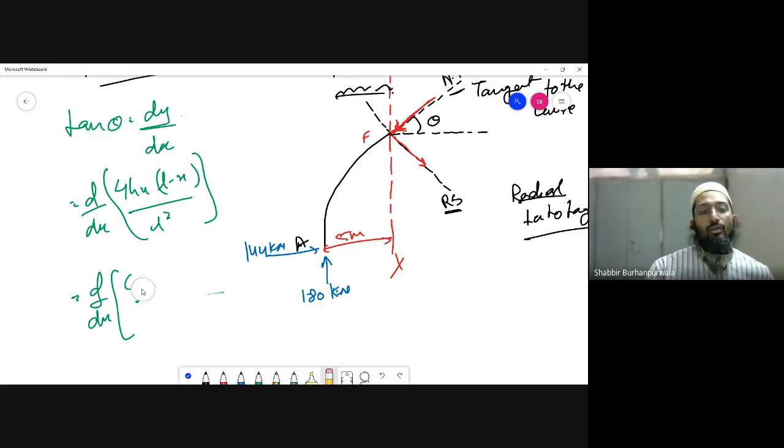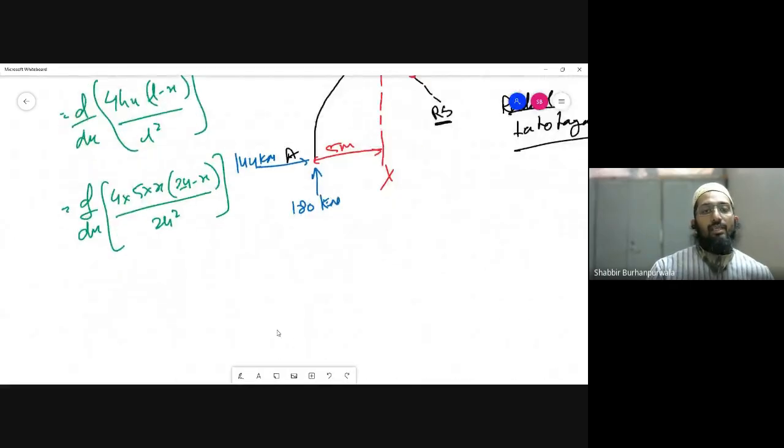We are going to keep all the x values as they are, and afterwards put in the value of x. So first we have 4 into total height, 5 meters, into x in the bracket 24 minus x, divided by 24 squared. So let us simplify the equation.